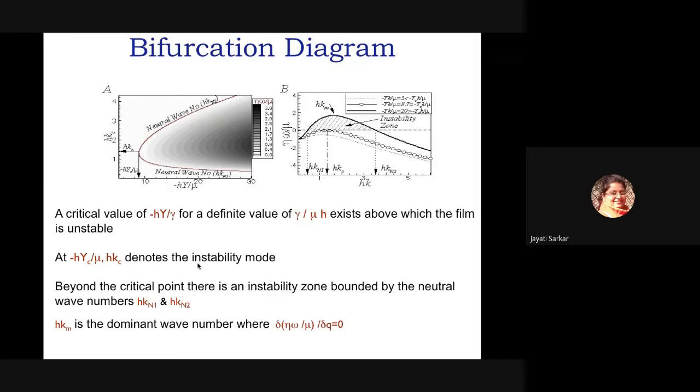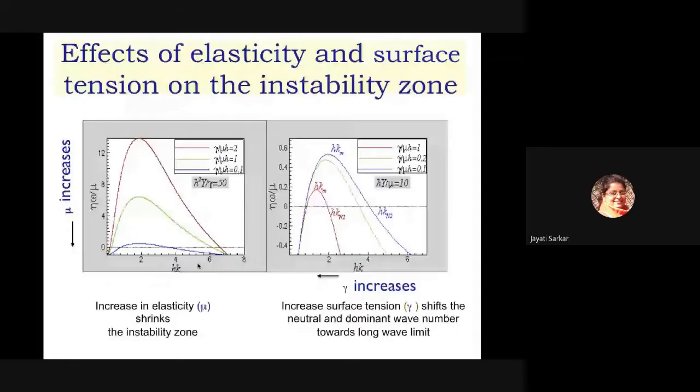So one can also see the effect of elasticity. As we go from the red curve to the blue curve, if the surface tension and the thickness of these films are kept the same, we are actually increasing the elasticity of the film. So if mu increases, one can see that the instability region is decreasing.